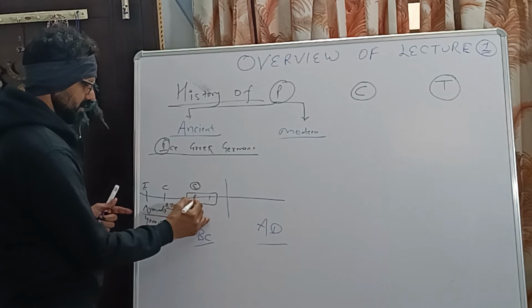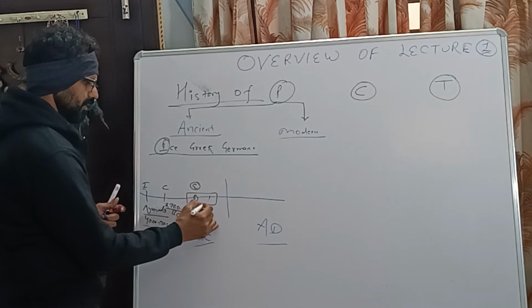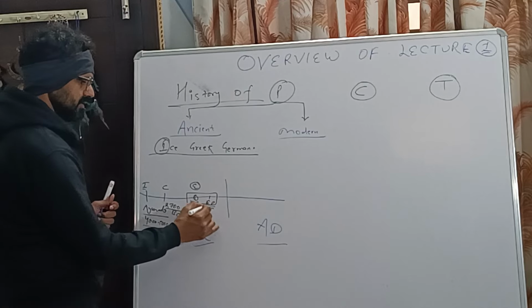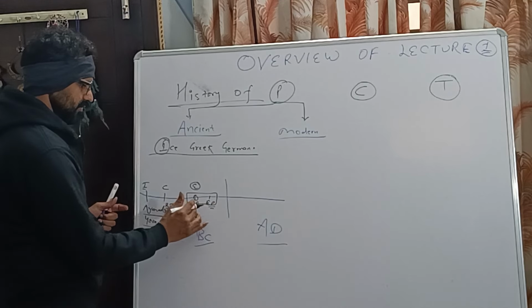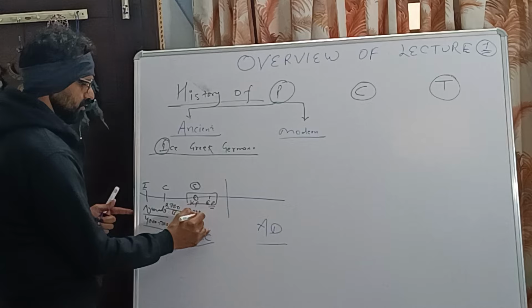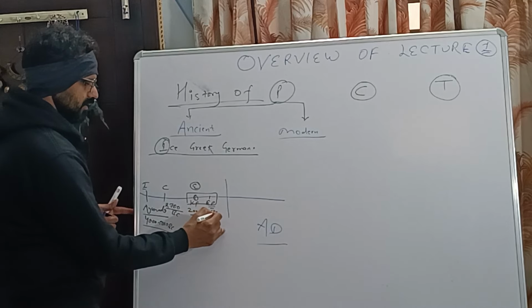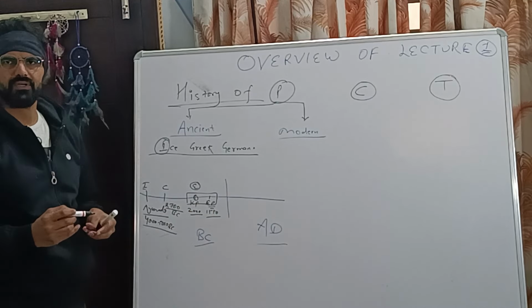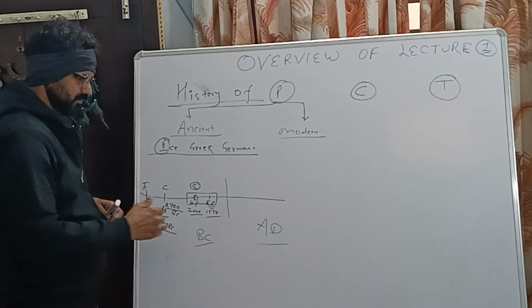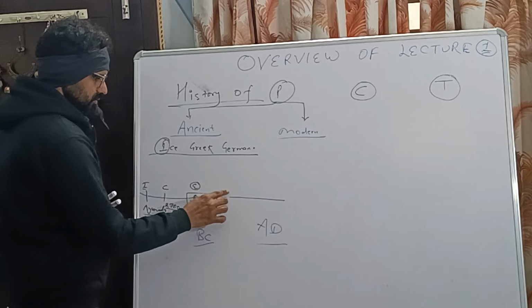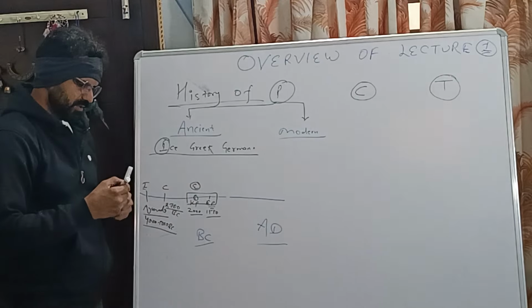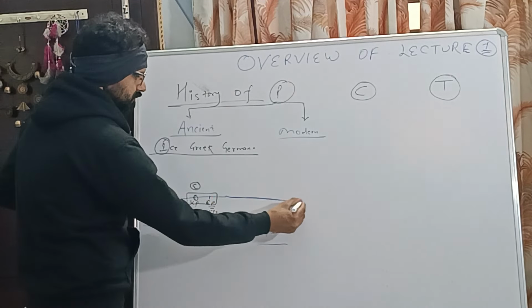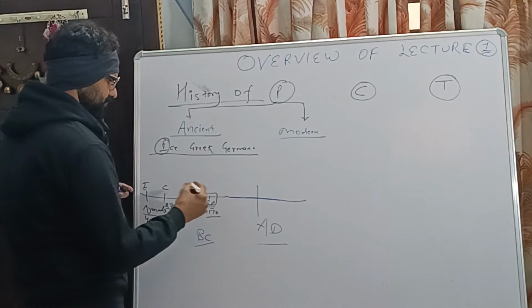The first Egyptian text is Kahun Papyrus, written around 2000 BC, and the second is Ebers Papyrus, written around 1550 BC. So after this Egyptian history, what comes?